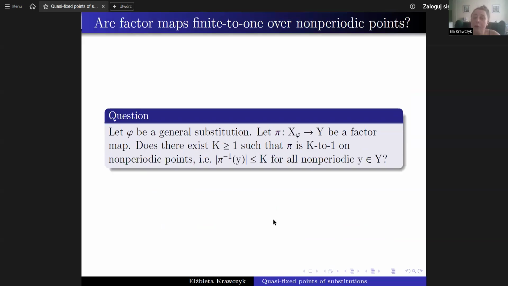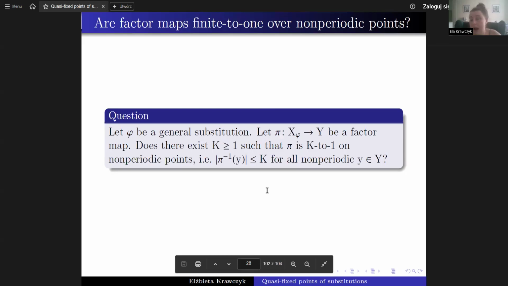Okay, so another question: do we have the following statement, which takes care of the coding or the factor map? I don't know. Presumably it should be true. We know a lot about recognizability and similar results, but I'm not aware of any such statement in the literature.